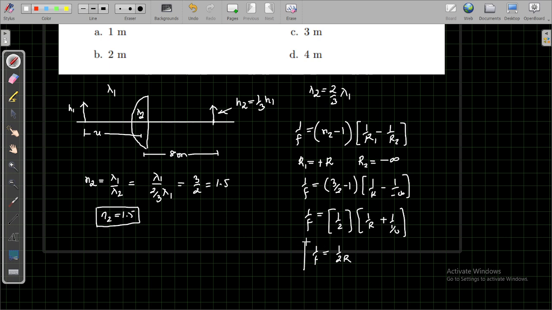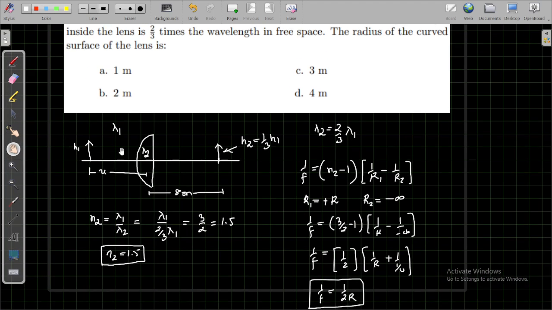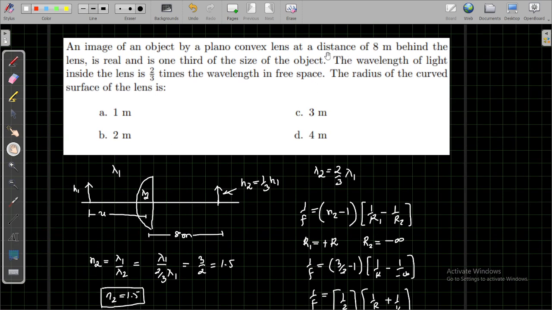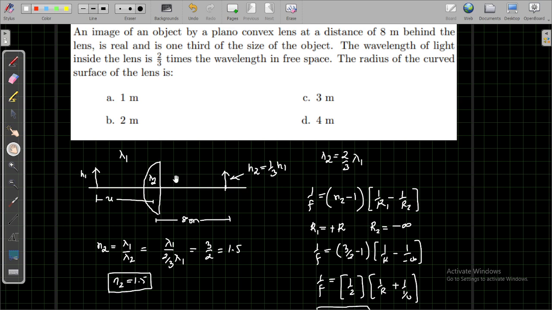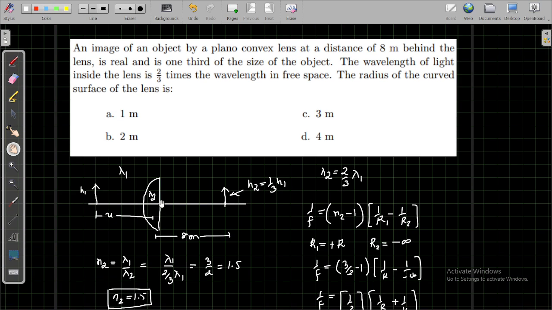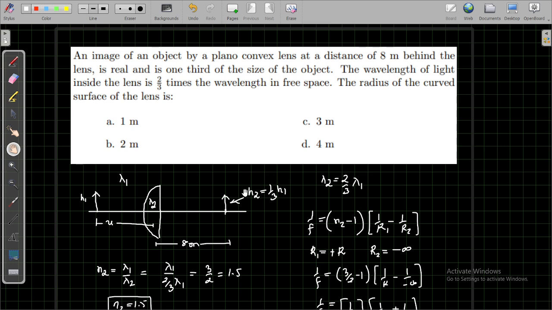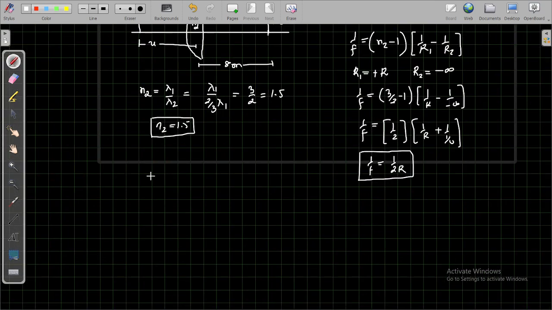But now the focal length of the lens is not known to us. So what to do in this case? Let us use this part of the information now. You can see the image is formed at 8 meters behind the convex lens. So u is not provided. How can I find the value of u? We can use the magnification formula of the lens because height information is provided. Therefore we can write magnification m is equal to h2 by h1, which is equal to v by u.